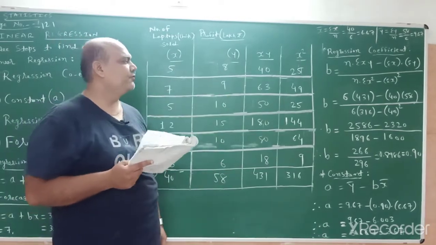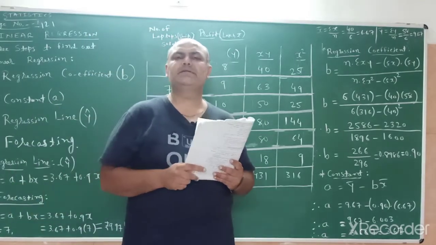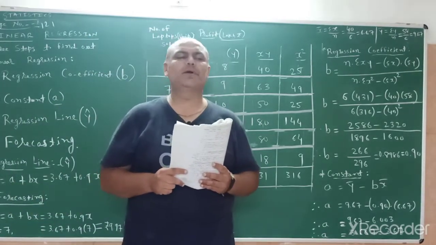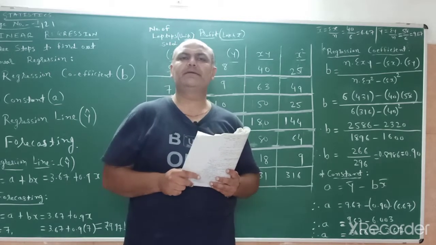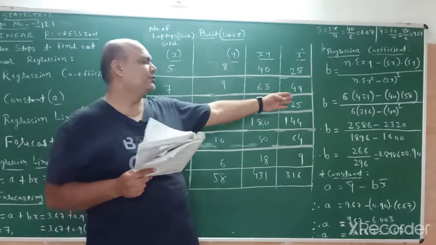So the regression coefficient b is equal to n sigma xy minus sigma x into sigma y, upon n sigma x square minus sigma x the whole square. Now we put the values into the formula.